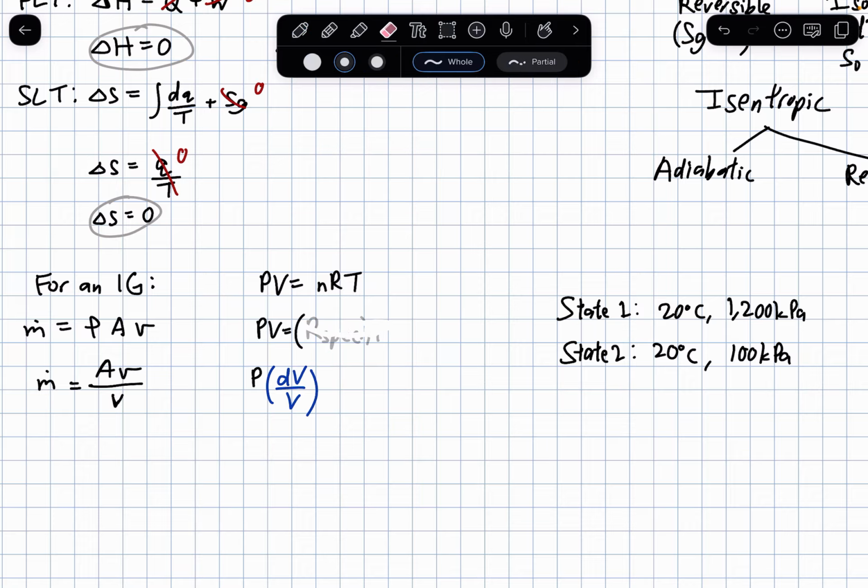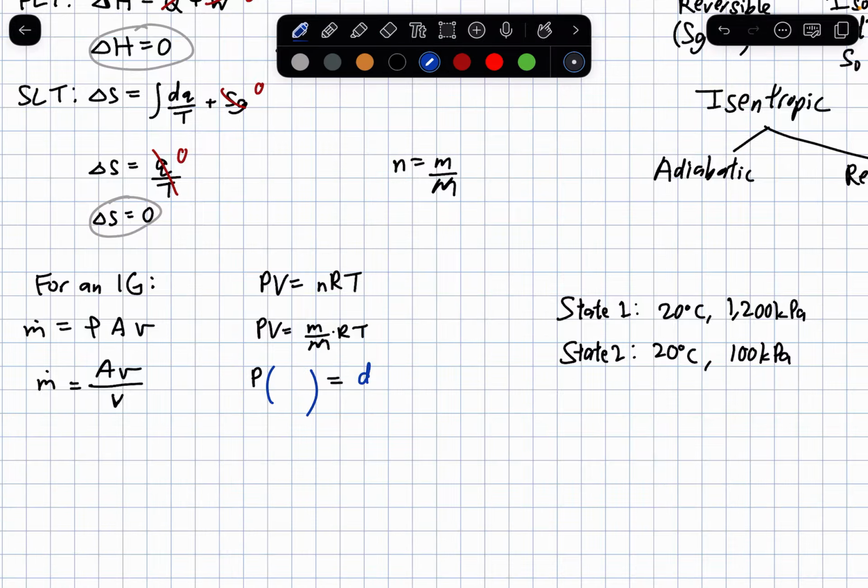Let's not write it that way. N is equal to m over molar mass, no? So dn/dt equals d over dt of m over molar mass.